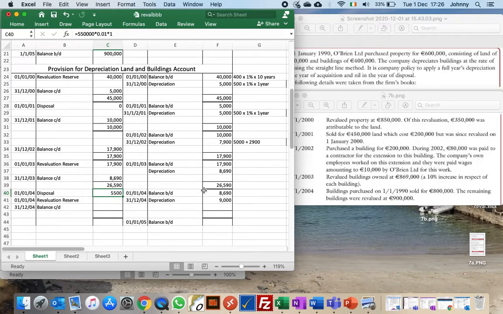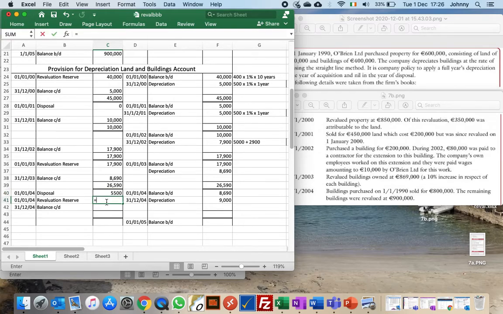So I'm taking that out of the 8,690 balance that I had in my provision for depreciation account, and whatever is left after that is taken out is going to be cancelled.